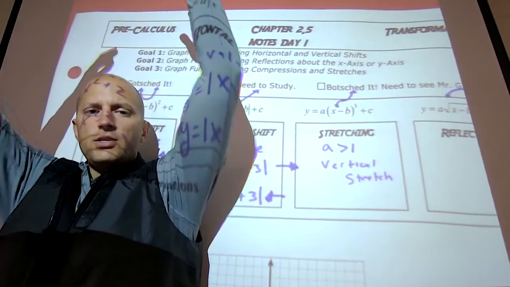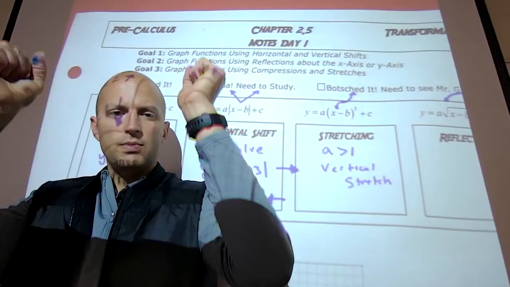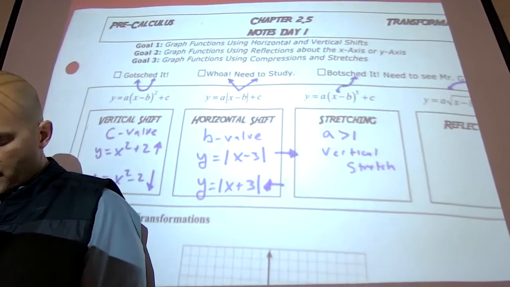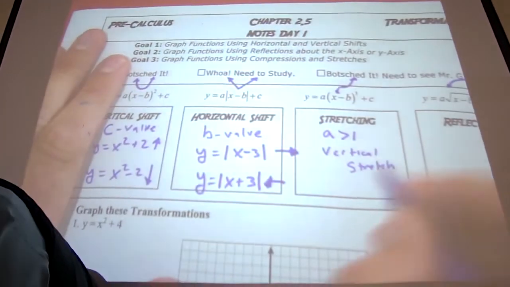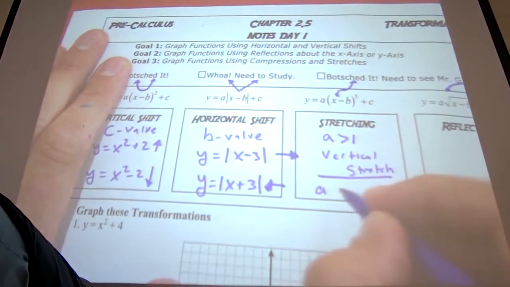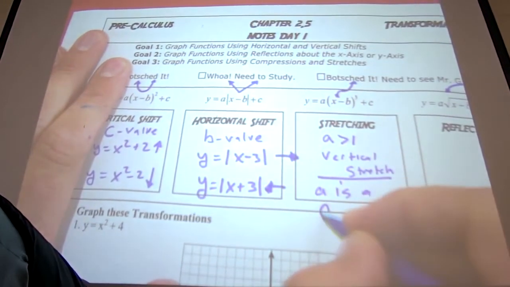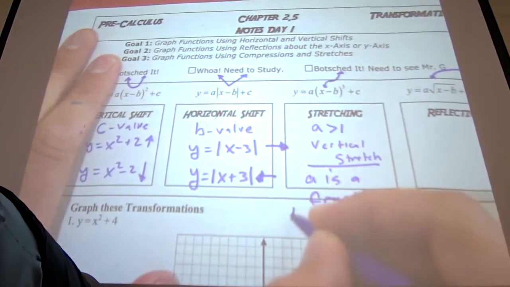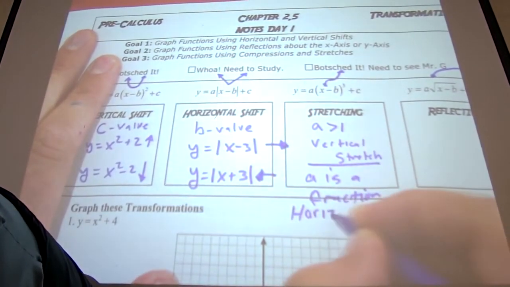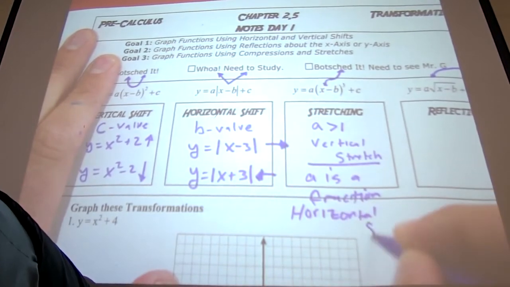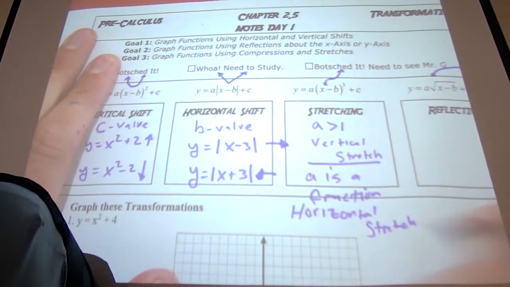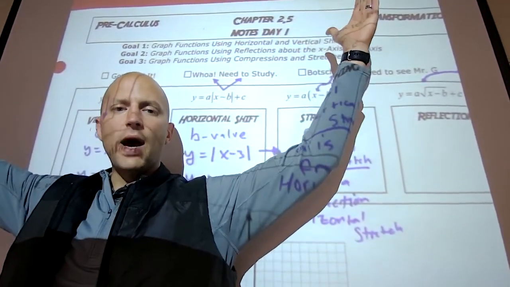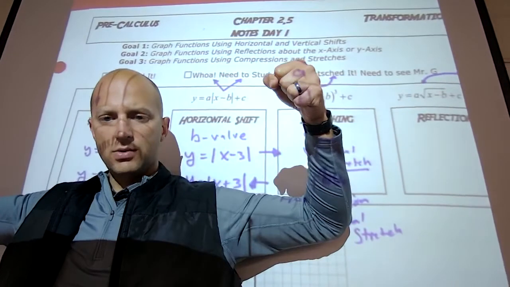Okay, it's getting compressed horizontally, which means it's getting stretched vertically. If a is ever a fraction, then that's going to be a horizontal stretch. So if a is like 1/2, normally it looks like this. If it's 1/2, it's going to be wider. So it's going to stretch this way. Okay.